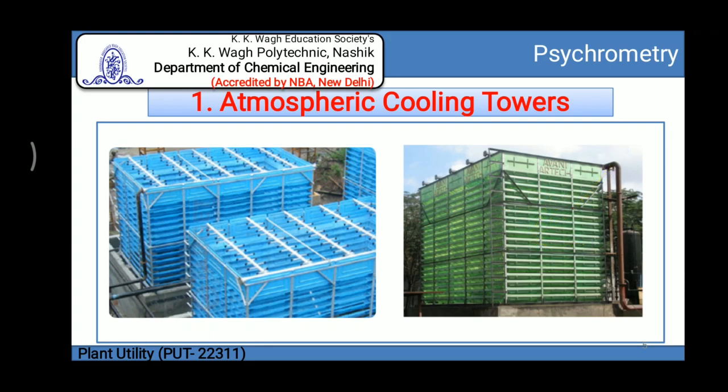The atmospheric air enters the cooling tower depending on the speed of the wind, guided by the louvers. The tower is filled with fill material on which contact of air and water takes place. They are cheap but inefficient because the performance is largely driven by wind velocity and direction.